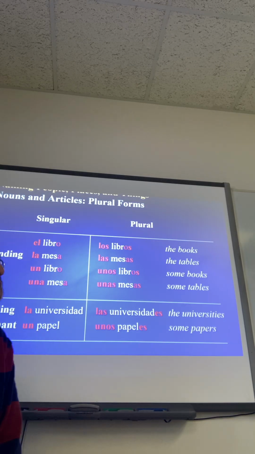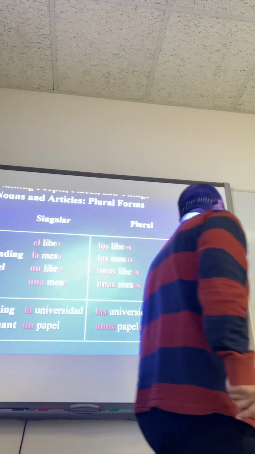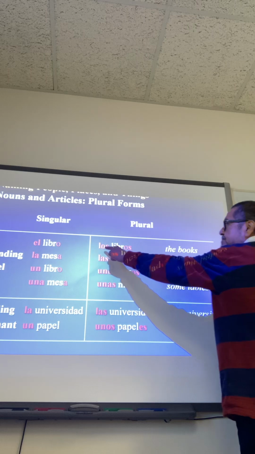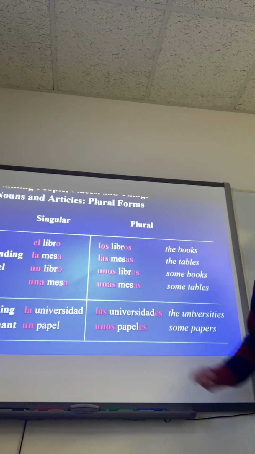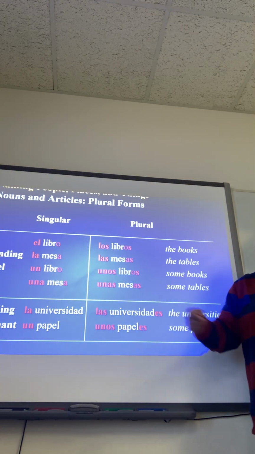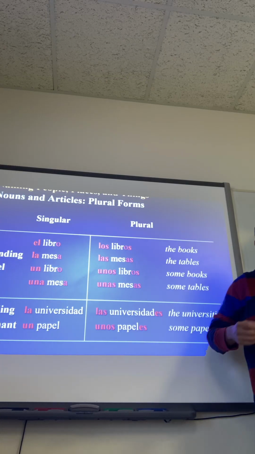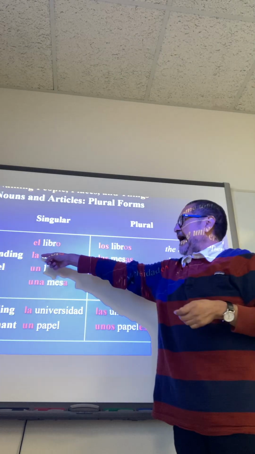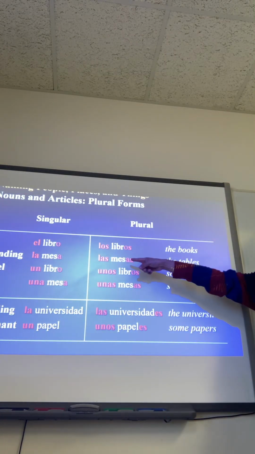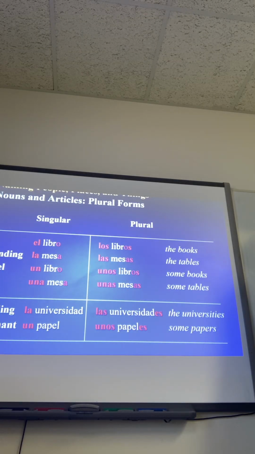Número uno. The article, the word the, you have to make it plural too. El becomes los. So the word los also means the. La becomes las. Las also means the.